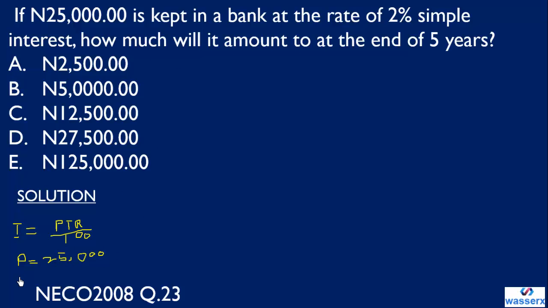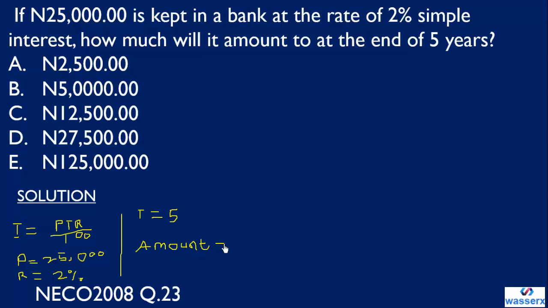Then we also have the rate is equal to 2%. Then we also have the time is 5 years. Now we are calculating the amount at the end of the 5 years.